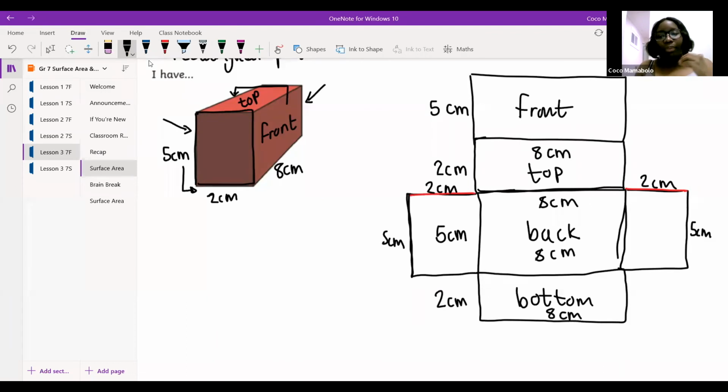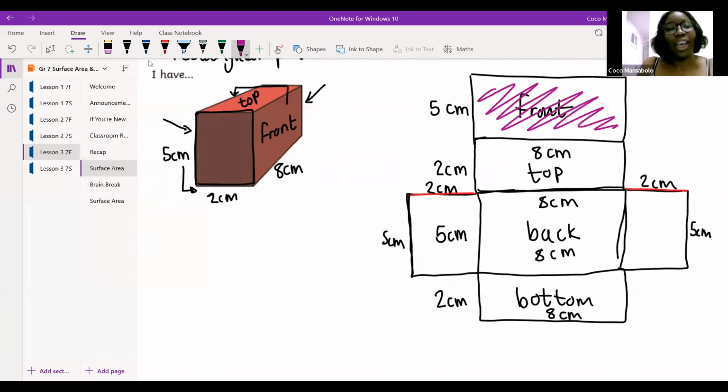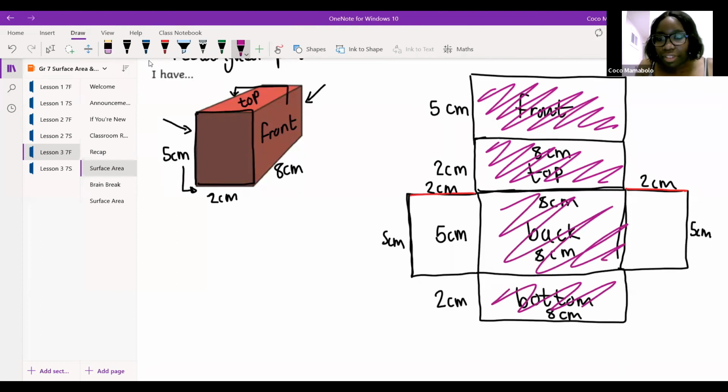Okay, so in order for us to calculate the surface area, here's what we're going to have to do, guys. We're going to have to first calculate the area of this rectangle, and then the area of this rectangle, and then the area of this one, and of this one, and of this one, and of this one.